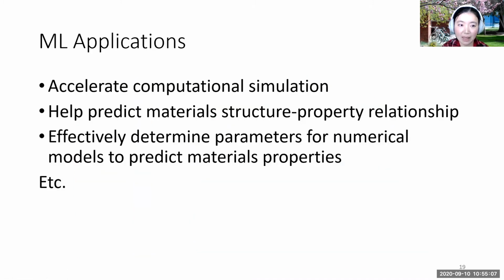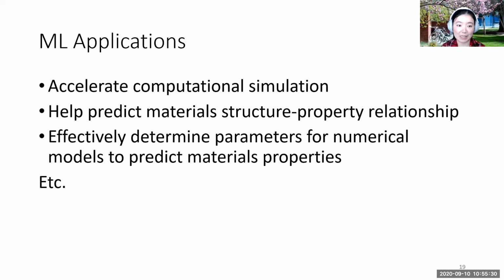The last part is I want to show you some applications of machine learning in material research. There are many, many types of applications. Here I just show you 3 types, because my research group is very interested in them.